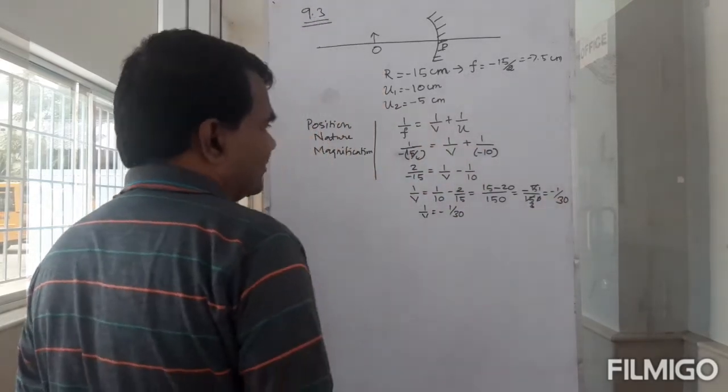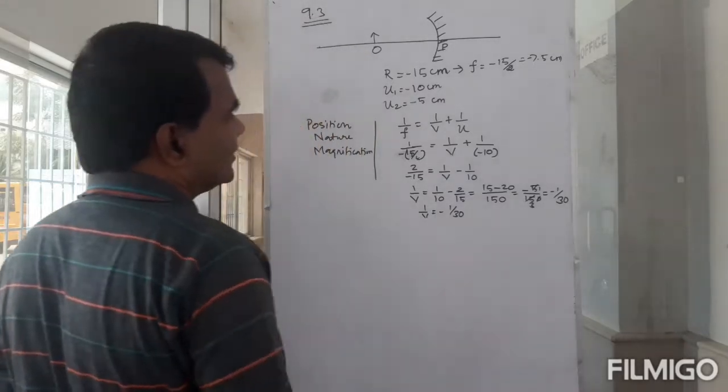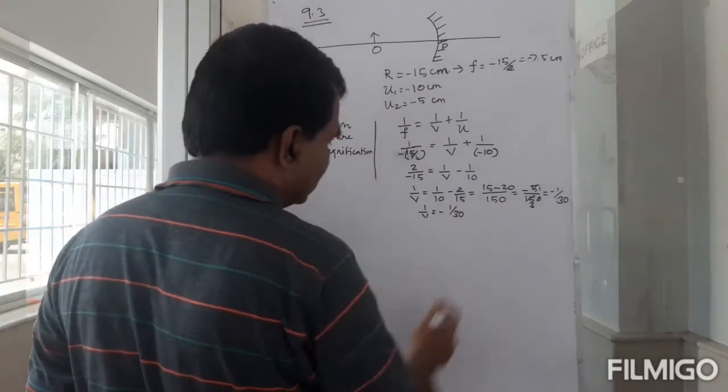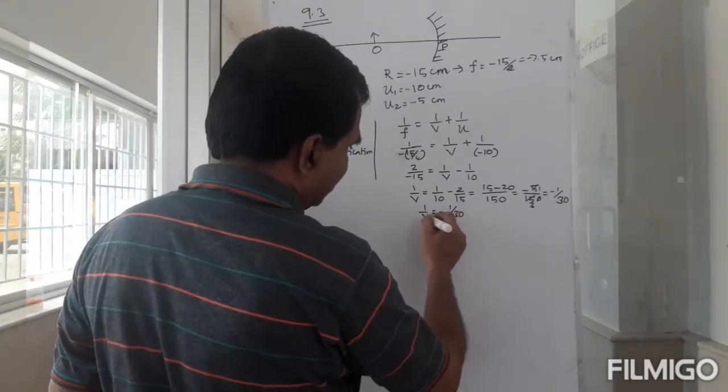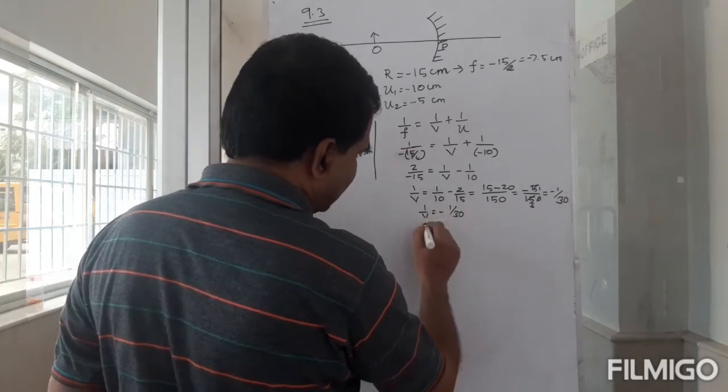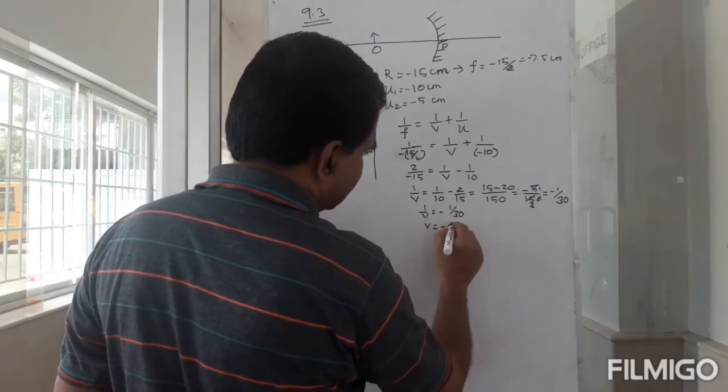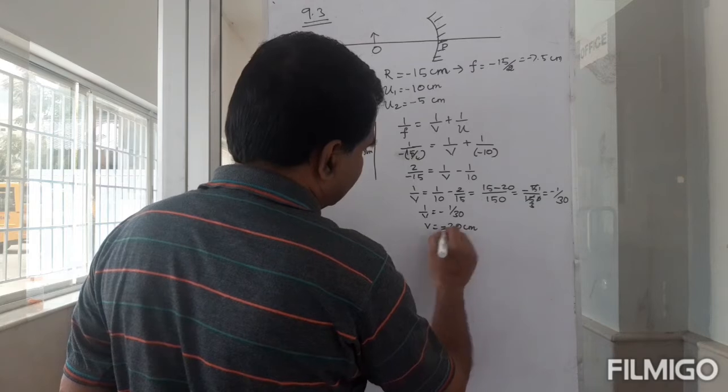I missed a zero, silly. So 1 by v is minus 1 by 30, so v must be minus 30 centimeters.